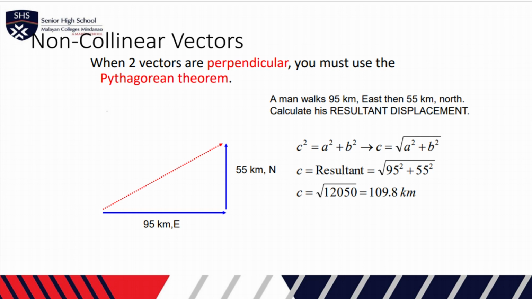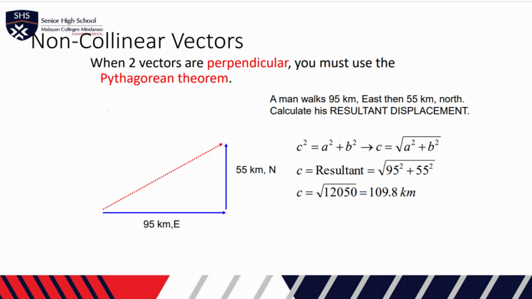Always remember the tail to head method. Go first to the tail of the very first vector, then connect it to the head of the very last vector. If you do that, you could create a triangle.